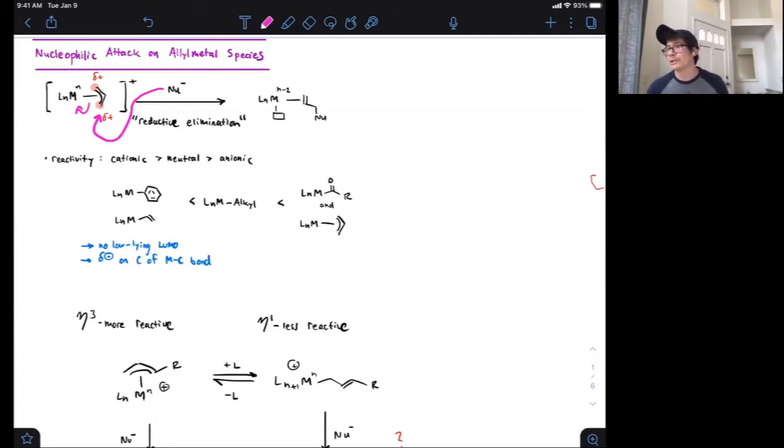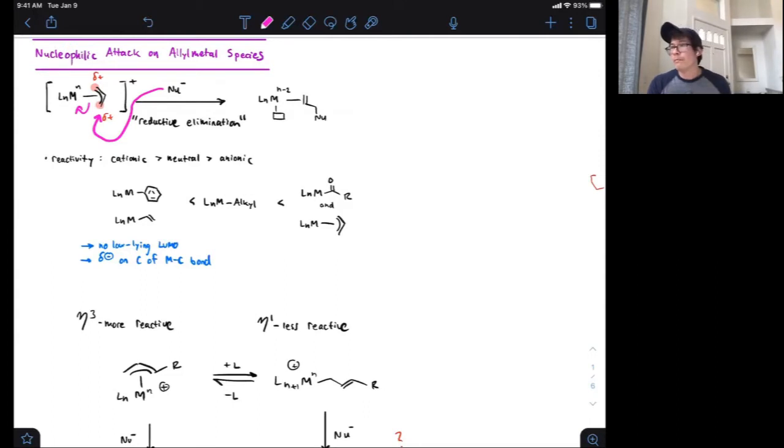And so this is sort of like a hybrid between a nucleophilic attack and a reductive elimination. I think we typically will just refer to it as nucleophilic attack of a pi-allyl, but you need to keep in the back of your mind that it's reductive at the metal center.